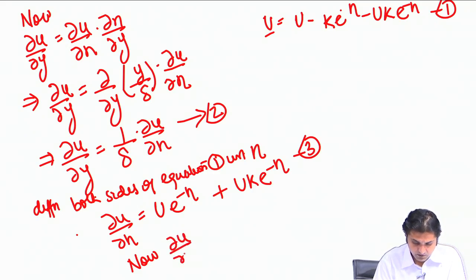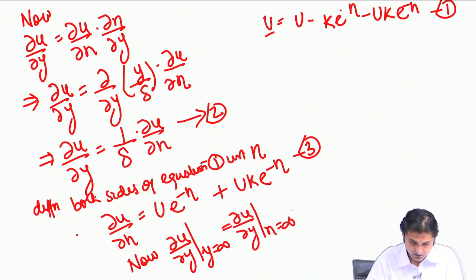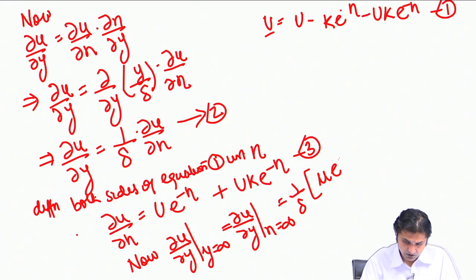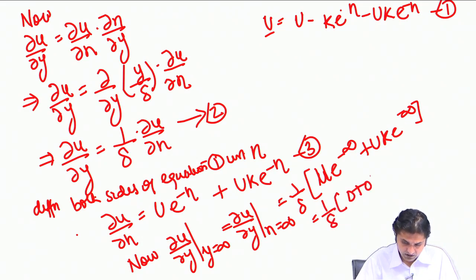Now, del u by del y at y equal to infinity, that is eta equal to infinity, using both, comes out to be 1 by delta U e to the power minus infinity plus U k e to the power minus infinity, and this comes out to be 1 by delta into 0 plus 0.